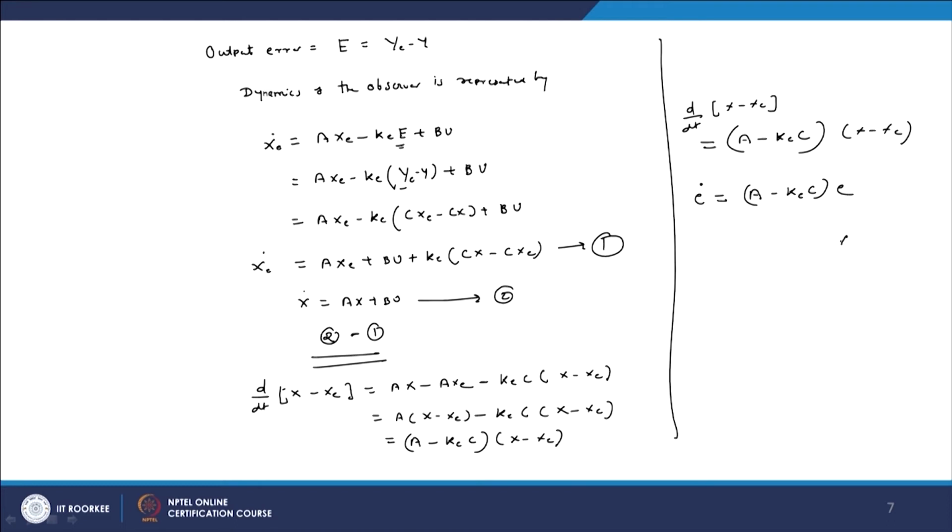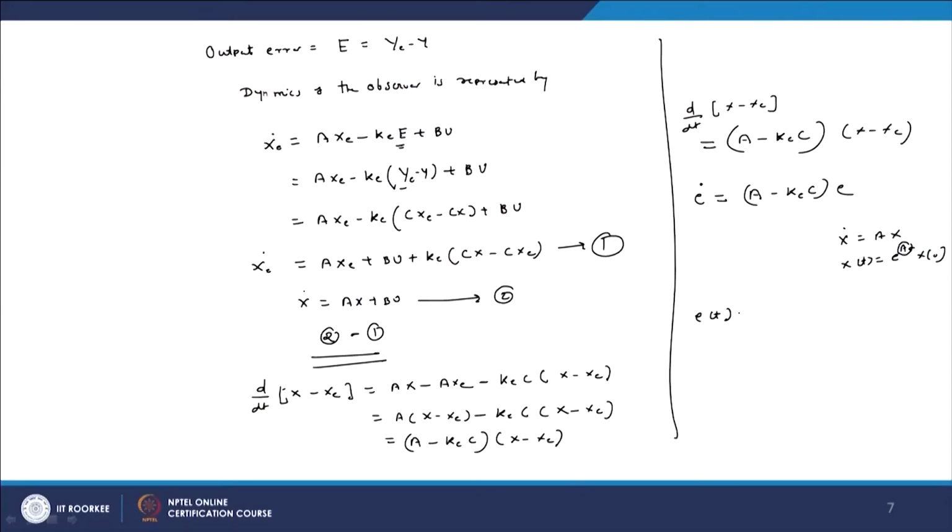If we write the equation x dot equal to A x, then x of t equals e raised to A t into x of 0. In order to reach the steady state very quickly, the eigenvalues of A should be very far away from the imaginary axis. That means it depends upon the eigenvalues of A. Similarly, if we write the error equation in terms of t, e of t equals e raised to A minus K C into t into e of 0.